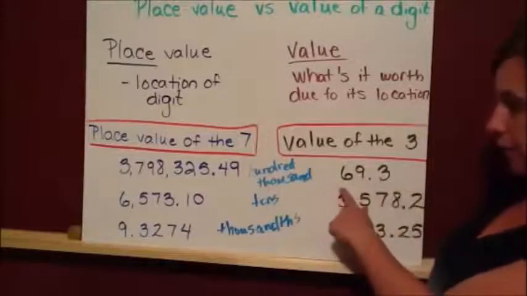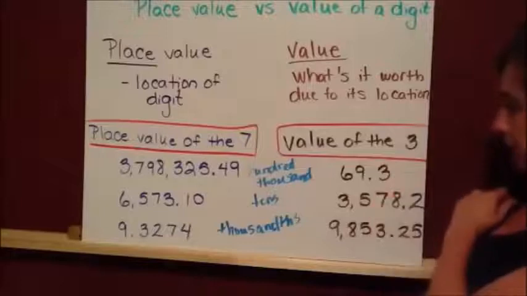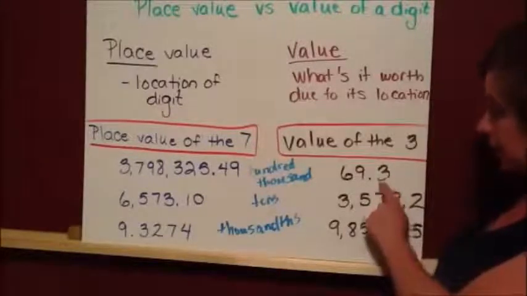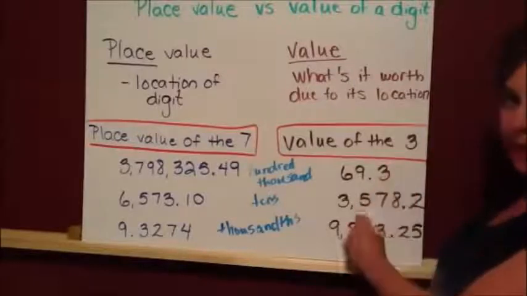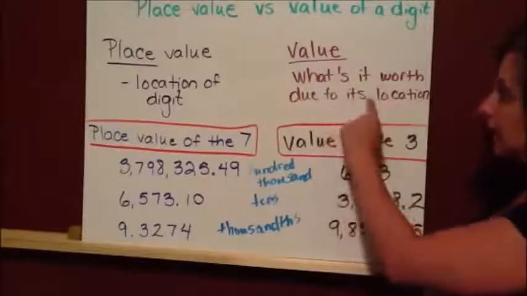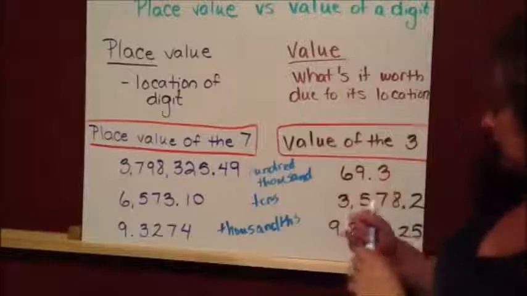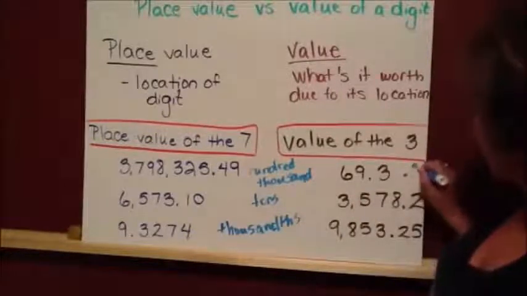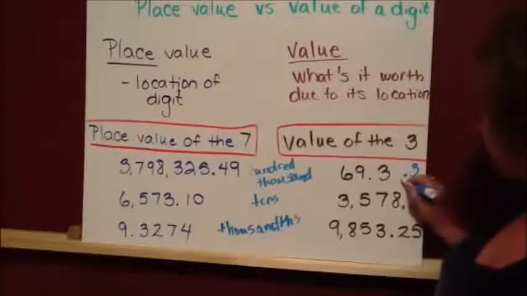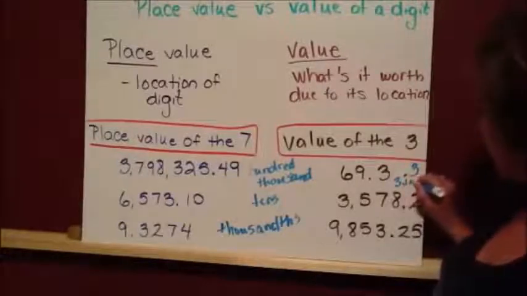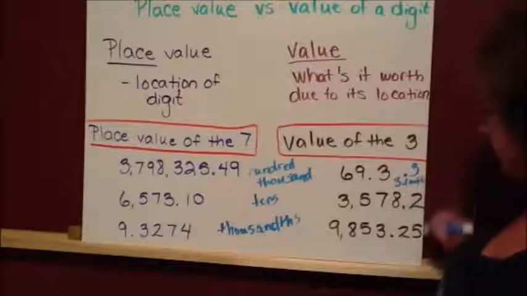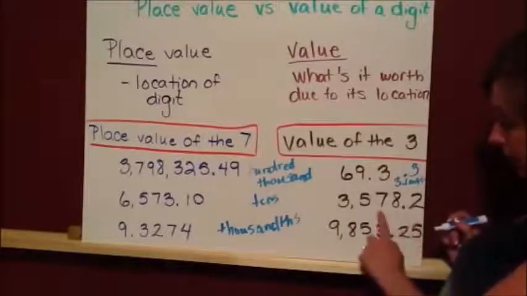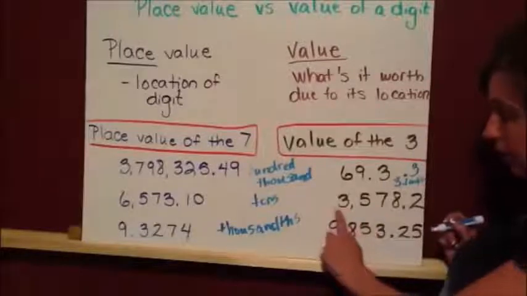Let's find the value of the 3 in these numbers. This is 3/10. It's in the tenths place, but because it's a 3, we're going to write 3/10. The 3 in this number: ones place, tens place, hundreds place, comma, 1,000.